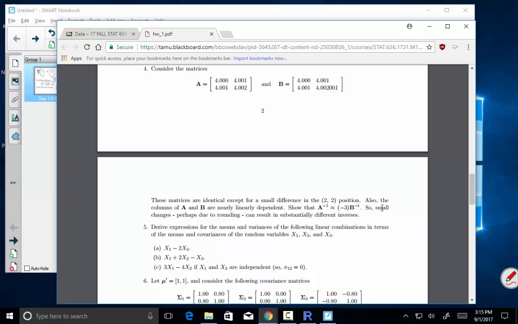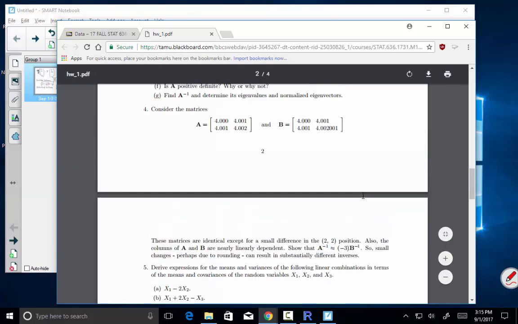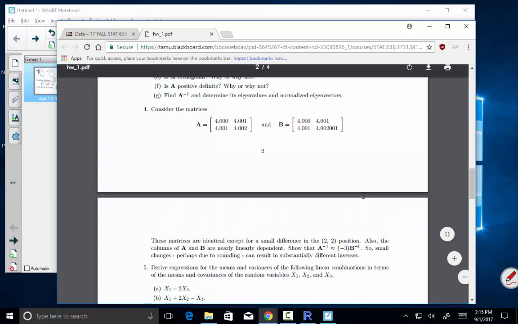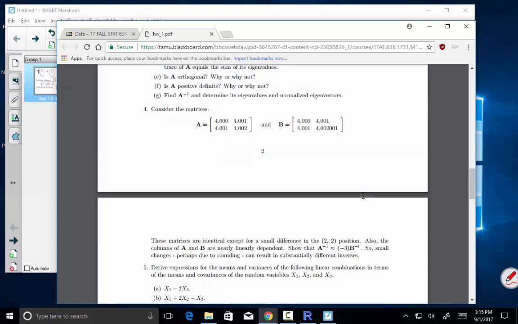In particular, the inverse of A is approximately -3 times the inverse of B. Even though they're so similar, the implication is that small differences beyond the decimal point, which can often happen due to rounding, for example, can have big-time impact on matrix-based calculations.